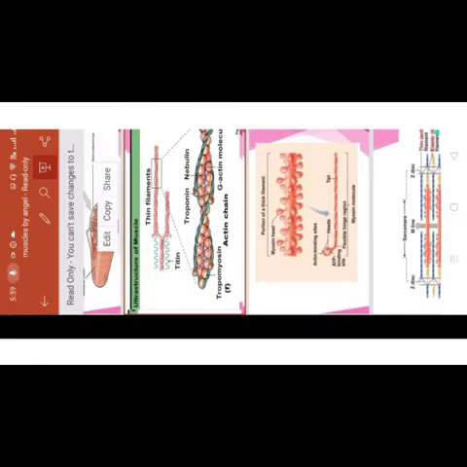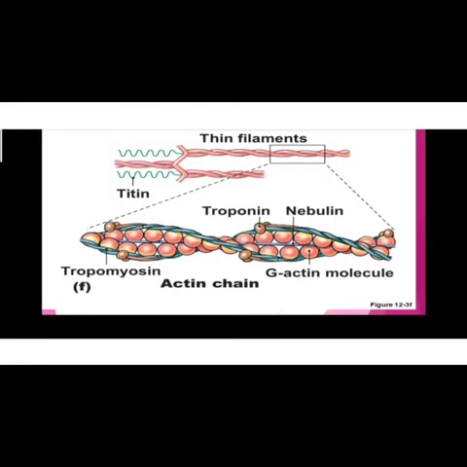You can see here in the thin filament, you can see something going in between the F actins. You can see one thin structure going in between the F actins. That is known as nebulin, and it connects the F actins together. Nebulin is associated with thin filaments and helps to regulate actin assembly. So that's the function of nebulin.